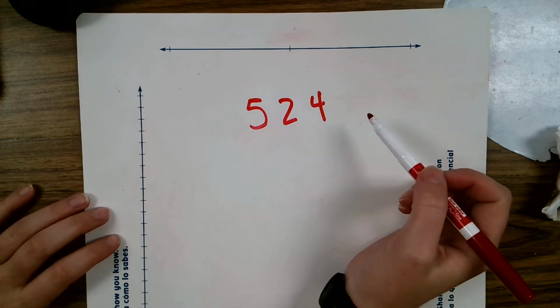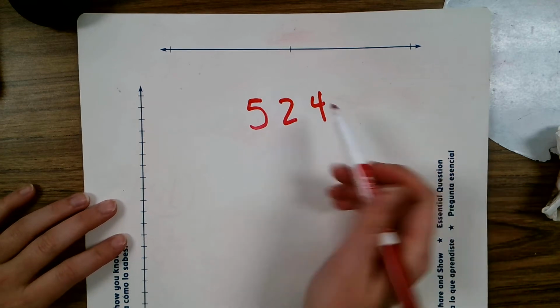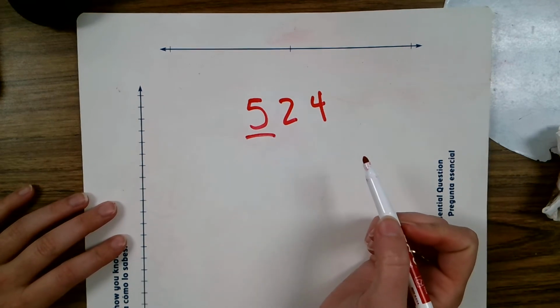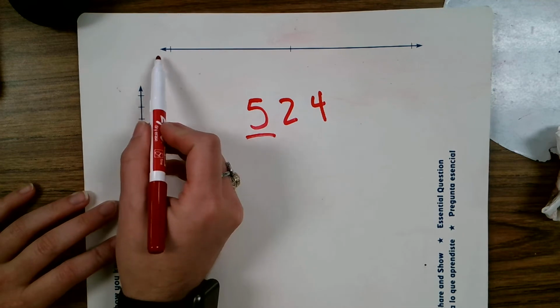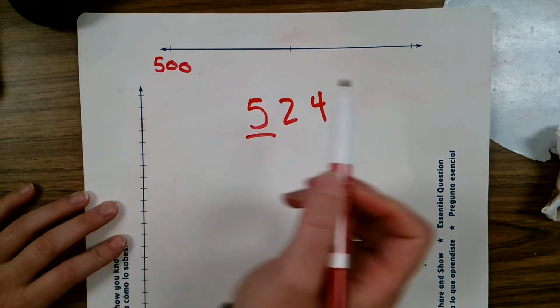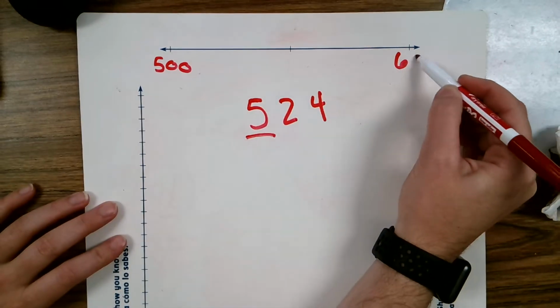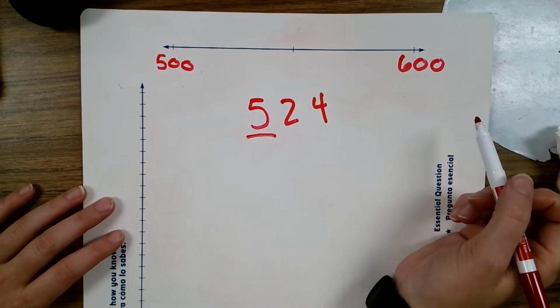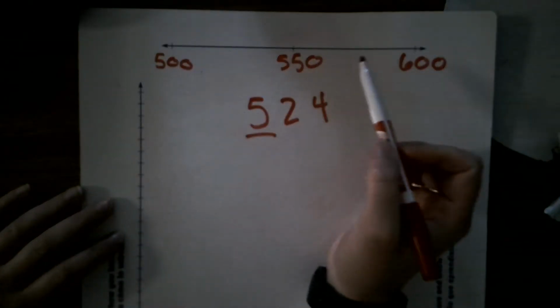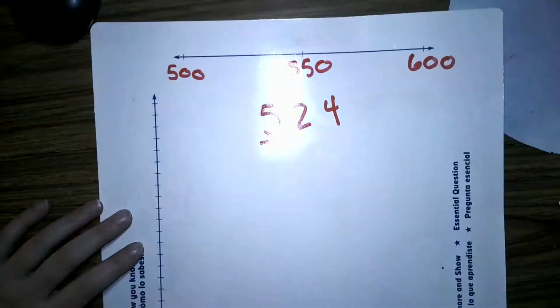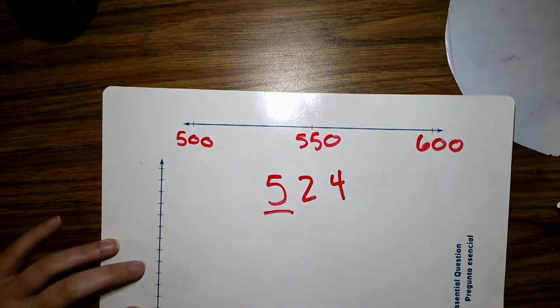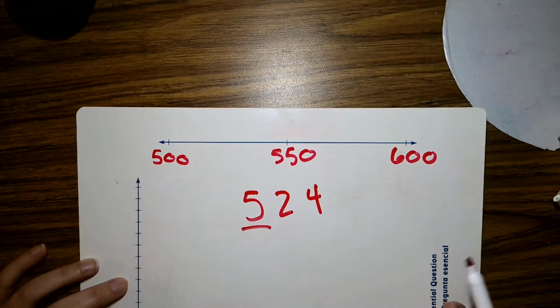Okay, so now let's check your answer. Okay, so you're going to be between 500 and 600. Okay, your halfway point is 550.